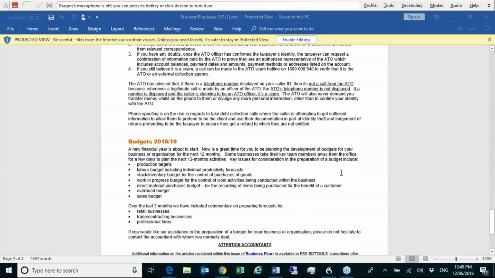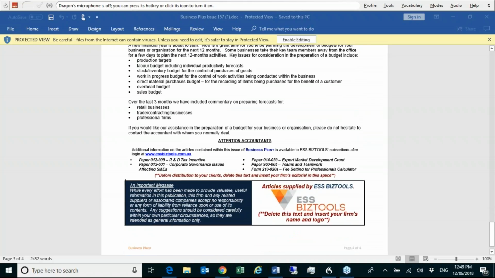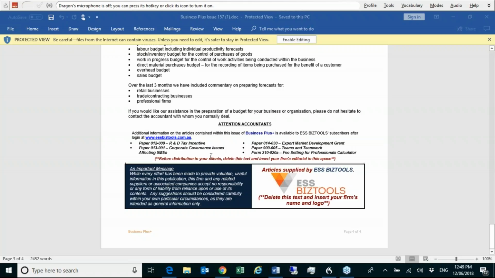We've given you a plug for budgets for 2018-19. Hopefully some of your clients will respond. Just remember, the Attention Accountants material is there to act more as a reference library for you, so that you're aware that there's some additional material within ESS BIZTOOLS on a particular subject that's been discussed in the newsletter.